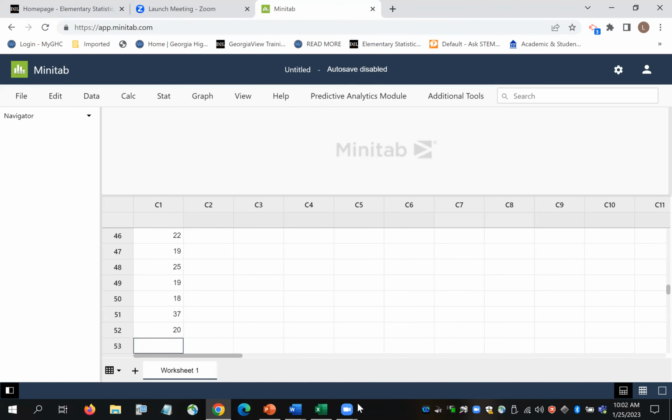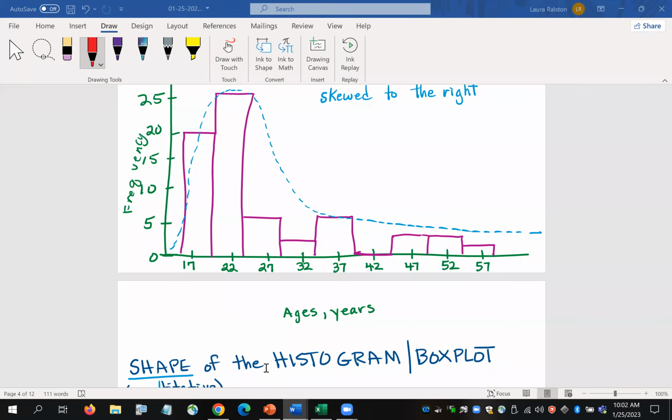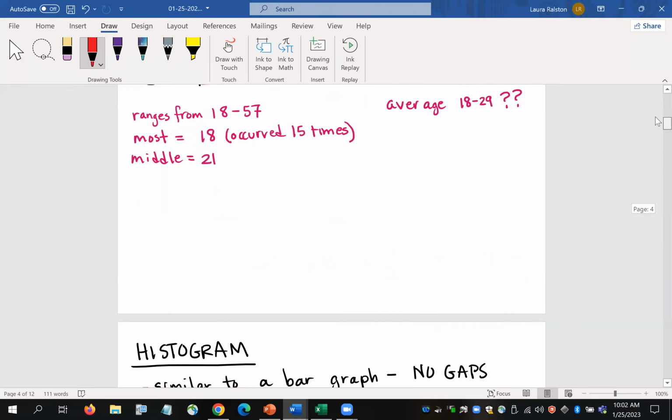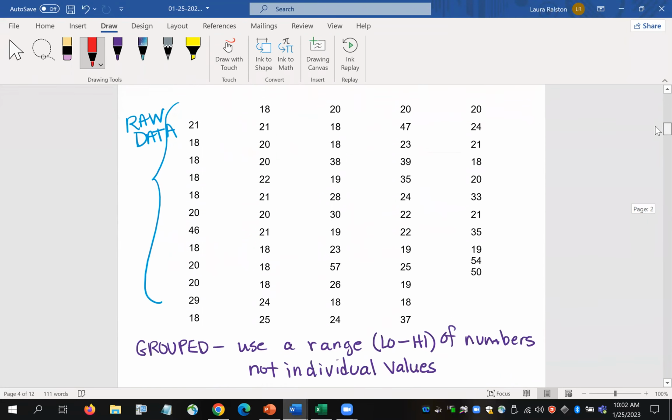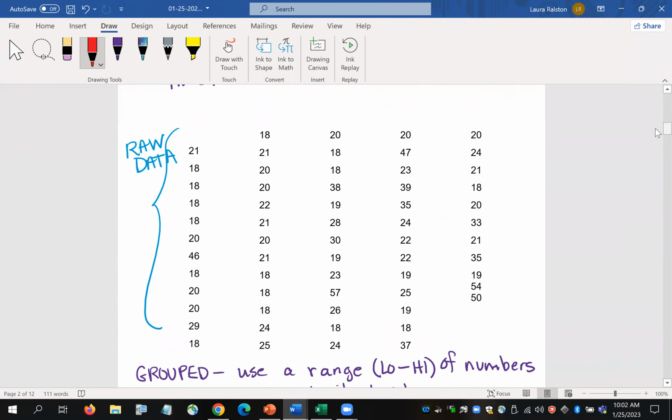So you were given in this problem the data set. We have the raw data. Many of your homework problems in D2L will give you a data set such as this. You have to physically, with your fingers, type that data into Minitab.